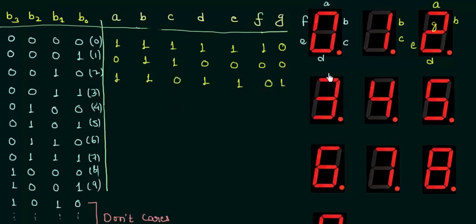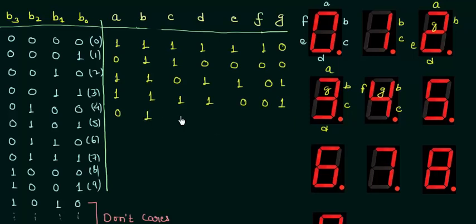Similarly for 3, A, B, C, D and G are high, so we will fill them in the table. A, B, C, D, G are high, and E and F are low. Similarly for the number 4, B is high, C is high, F is high and G is high.